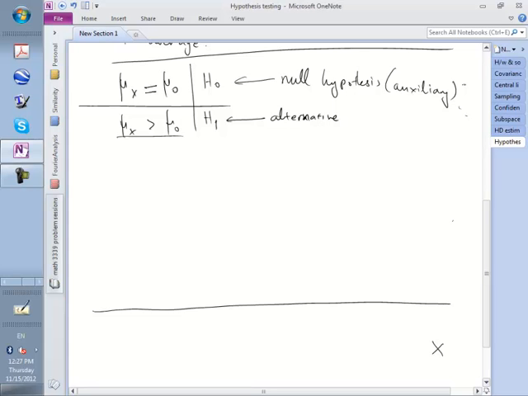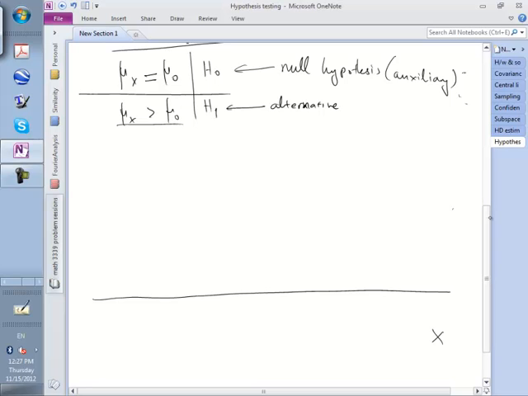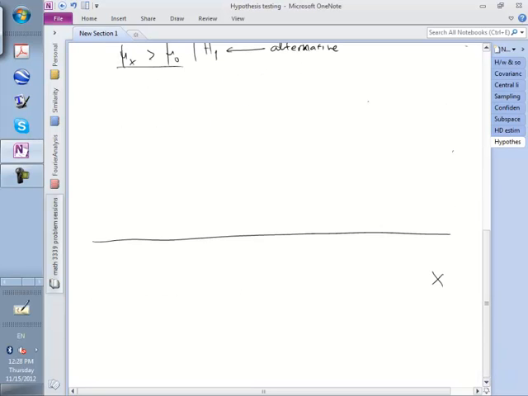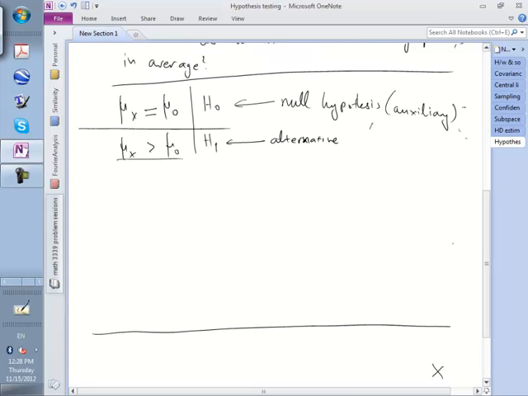Because m sub 0 is exactly the dividing line between condition 1 and condition 2. Condition 2 is what I would call the alternative. Condition 1 is the null hypothesis. This is condition 2, and this is condition 1.